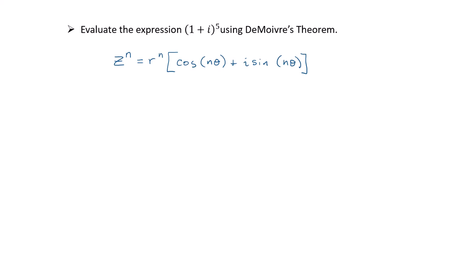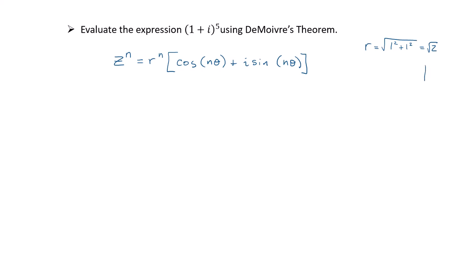So for this formula, I will need to know r, the modulus, and I'll need to know the angle theta. r is going to be the square root of 1 squared plus 1 squared. So that's the square root of 2.